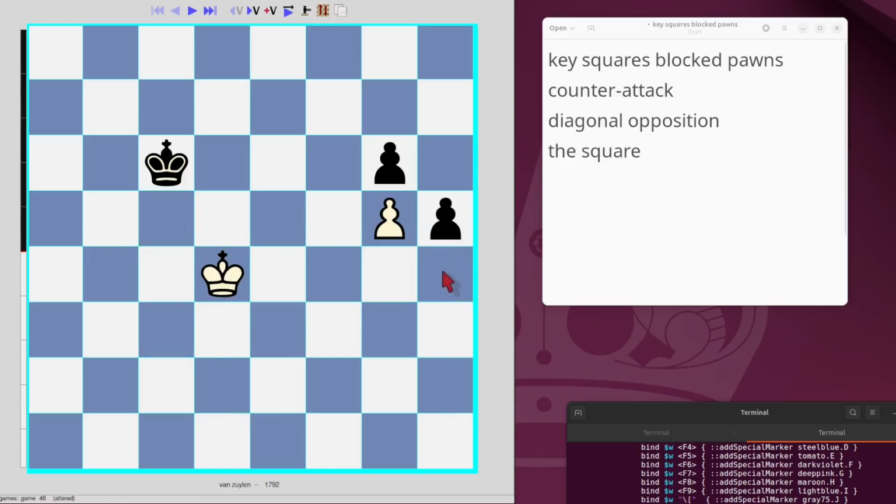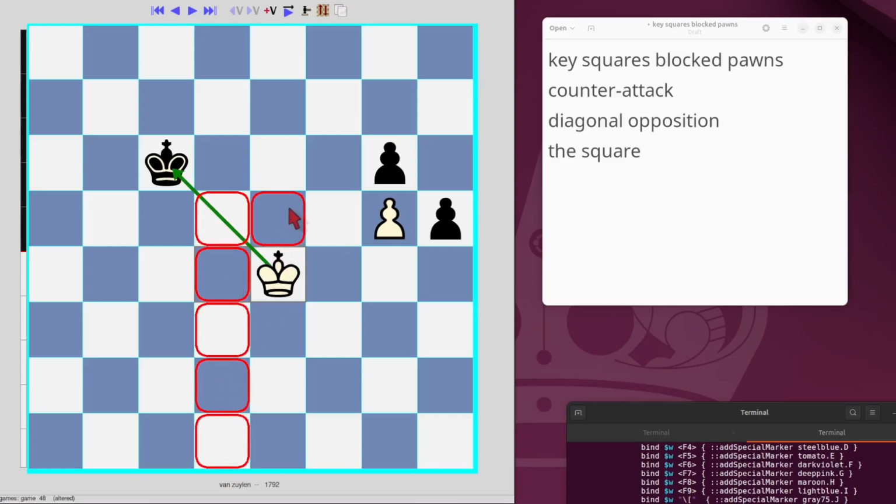And then the final thing I want to talk about is diagonal opposition. The only drawing line here is the line king e4, takes the diagonal opposition. And in this position, there's one thing you've got to understand, that now this rectangle, white can keep black out of that rectangle, which is important because they were the key squares we just highlighted.